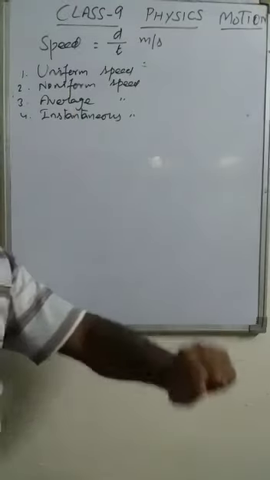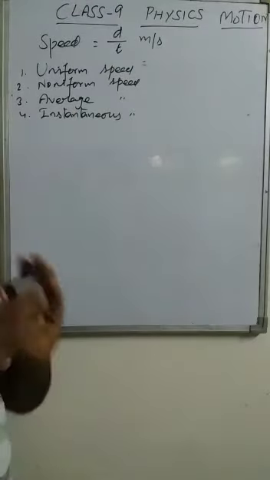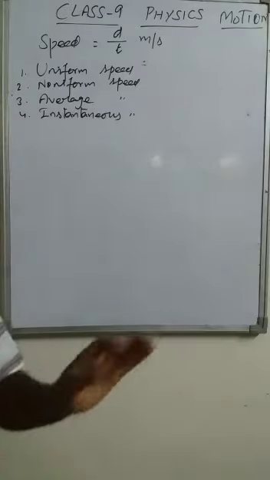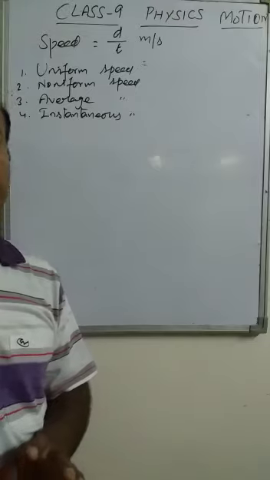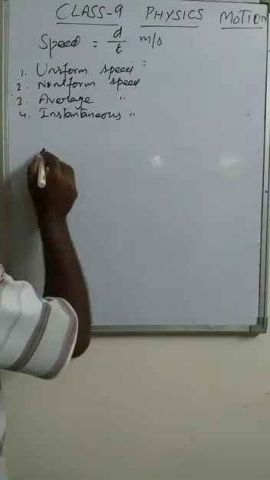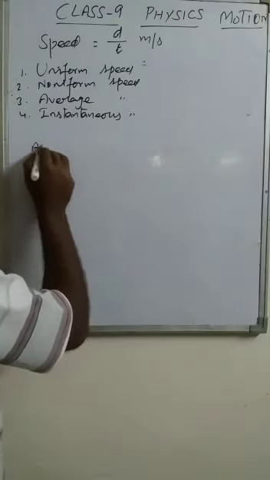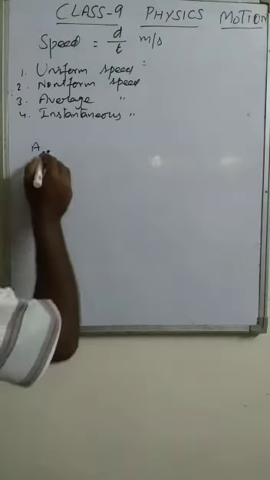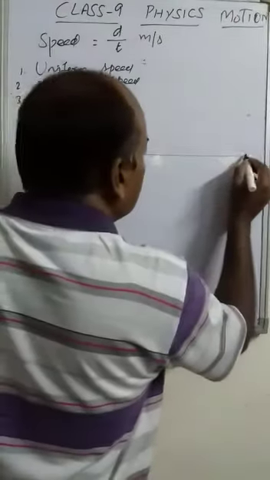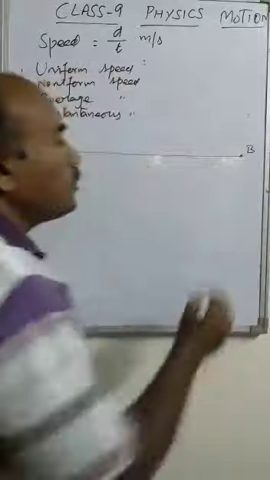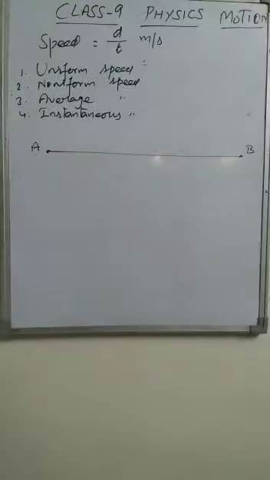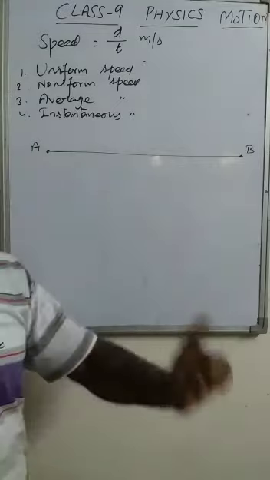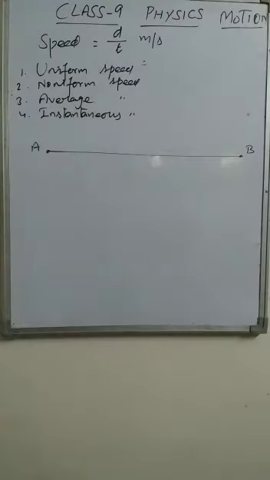Uniform speed means the speed of an object is constant throughout the whole motion. If anything is moving from a point A along a straight line up to the point B, how is it moving?